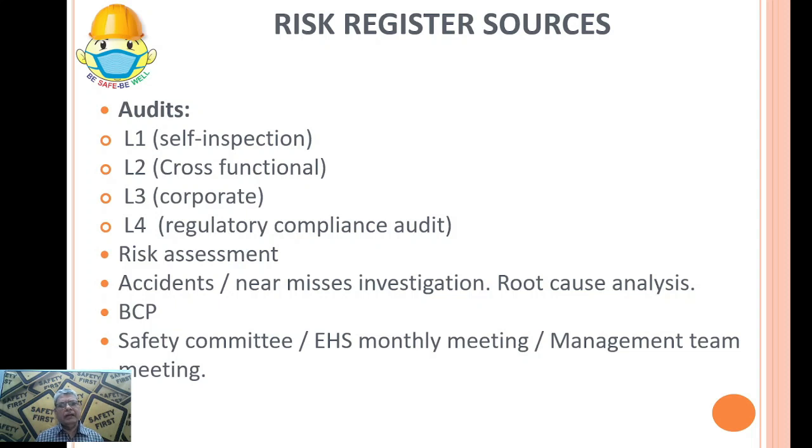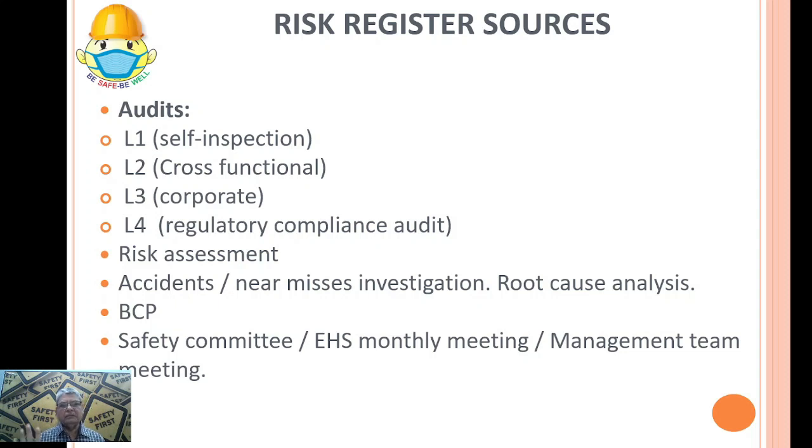Second is the cross-functional audit, that is L2 audit. Here a team is created from the different departments, say from production, quality, EHS, purchase. So 5, 6 members are there, and they do the audit of the other department. Means if the EHS department is to be audited, the cross-functional team will have members from other departments and not from the EHS department.